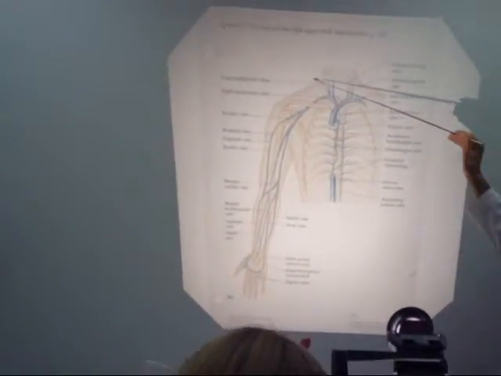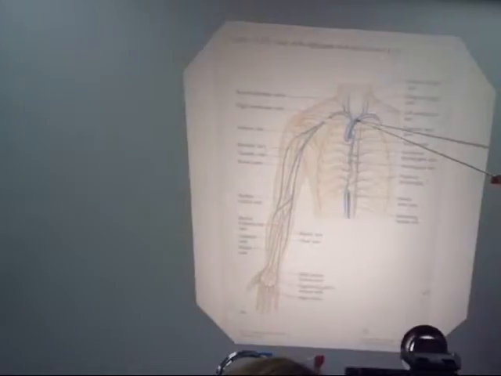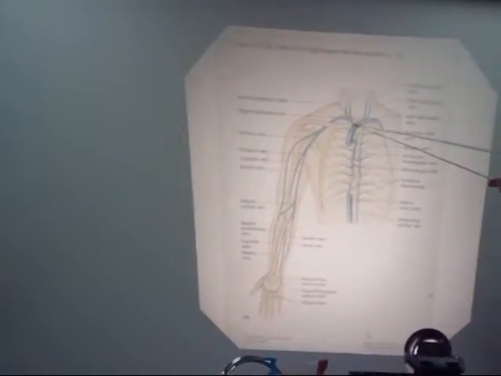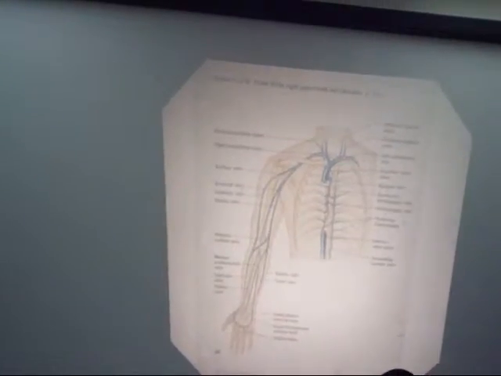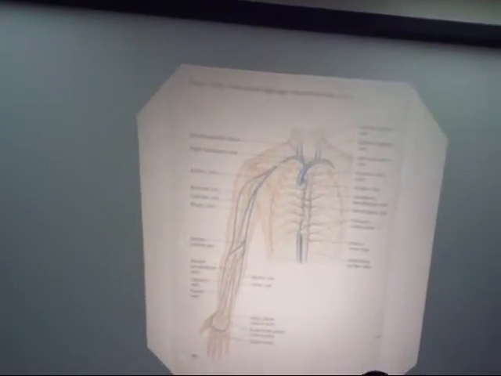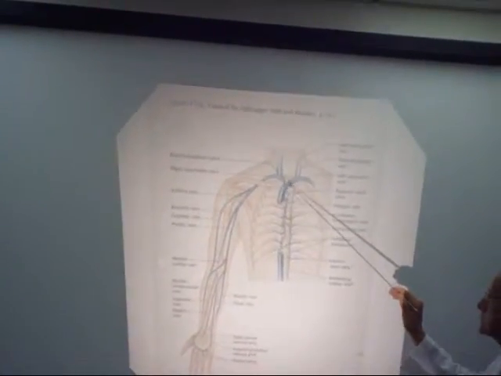Here's brachiocephalic veins. Here's the right one. Here's the left one. And both of them converge to form the superior vena cava. Brachiocephalic is this little piece right here. All right? So that's your upper limb.